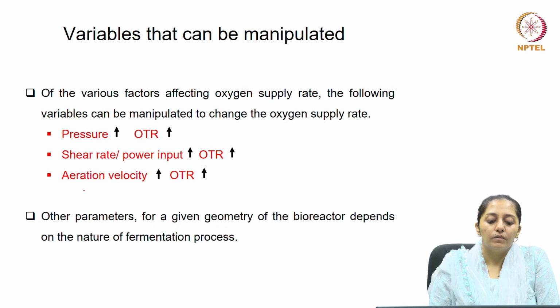We try to increase the pressure, that will also increase the oxygen transport rate. We can increase the shear rate by increasing the power input, thereby again improving the oxygen transfer rate, which happens by the impellers, because the higher the rotational speed, they will break down the larger bubbles into smaller bubbles, but this may also increase the shear forces.